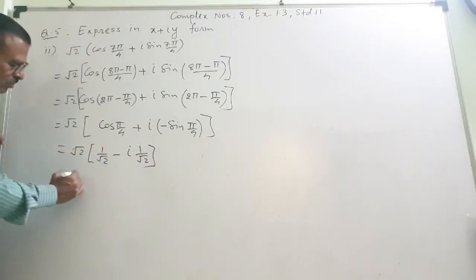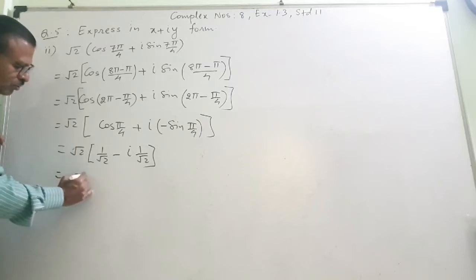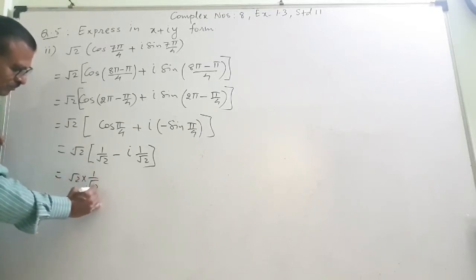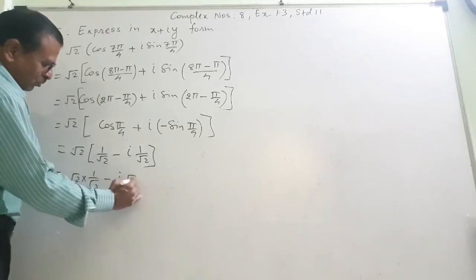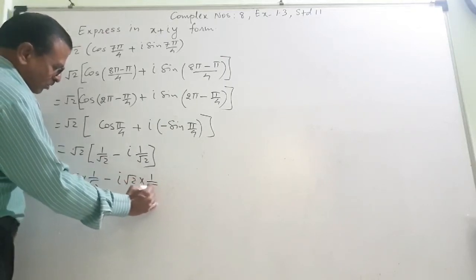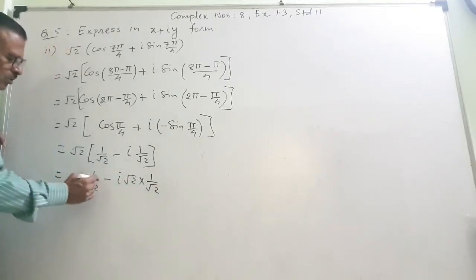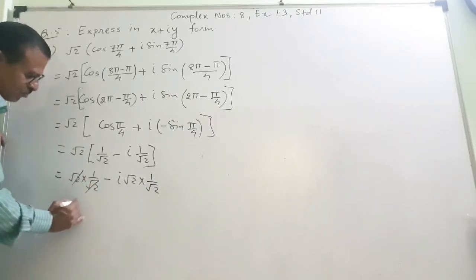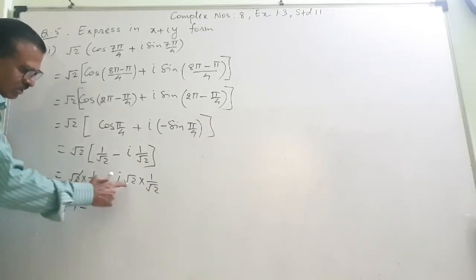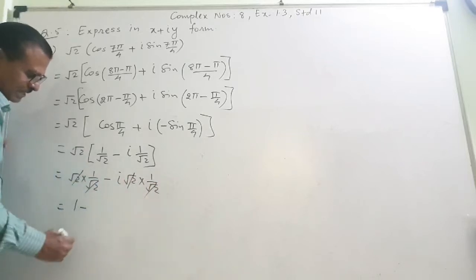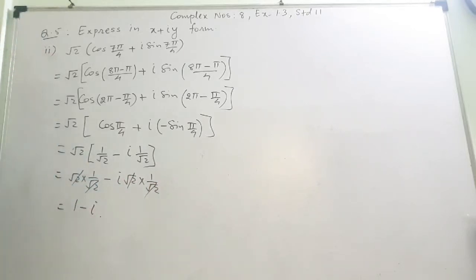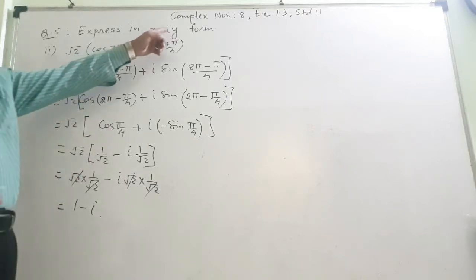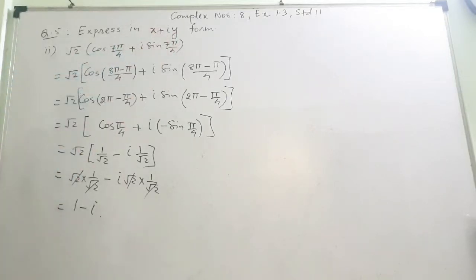That is equal to root 2 into 1 upon root 2 minus i into root 2 into 1 upon root 2. The root 2 cancels, and that is equal to 1 minus i. So this is the x plus iy form.